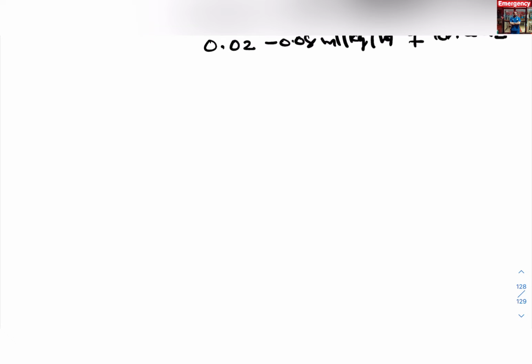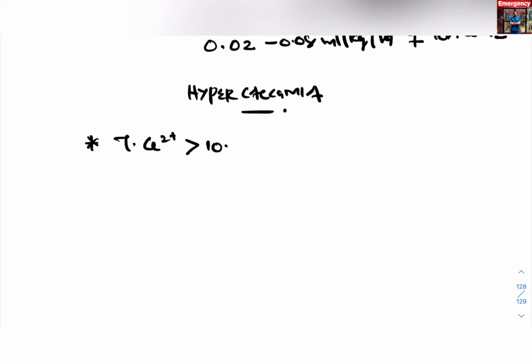Moving on to hypercalcemia. Hypercalcemia is defined as total calcium more than 10.5 milligram per deciliter. Hypocalcemia was defined as ionized calcium less than 4 mg per deciliter; here it is total calcium instead of ionized calcium.